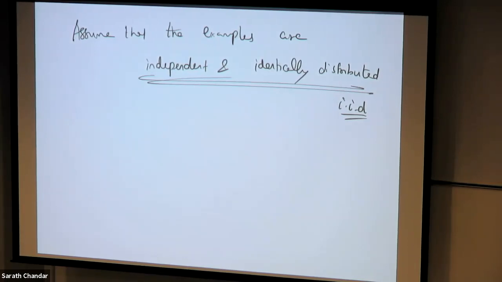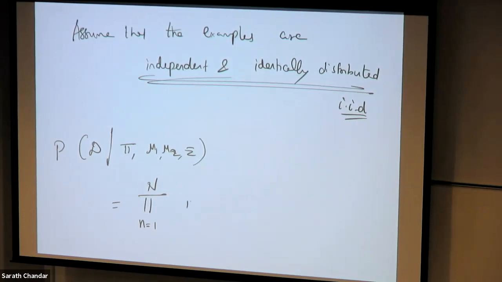So if I have the IID assumption, then the probability of the data given pi, mu1, mu2, sigma is given by the product over n equal to 1 to capital N of the likelihood of each data point separately.